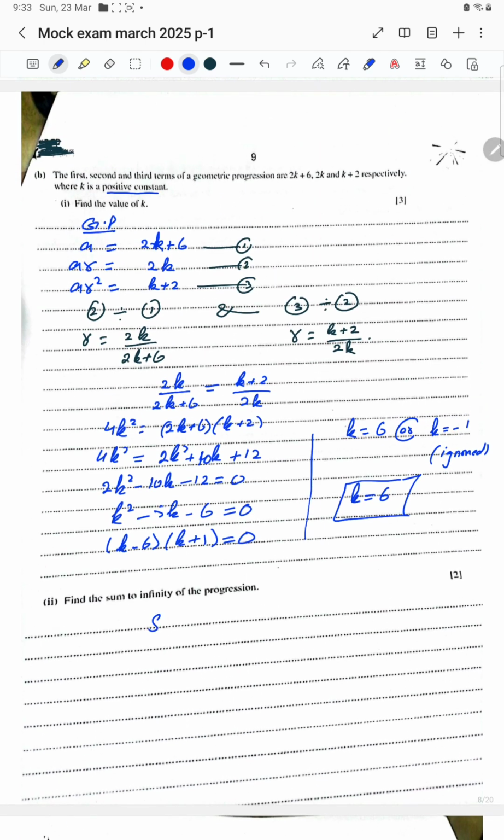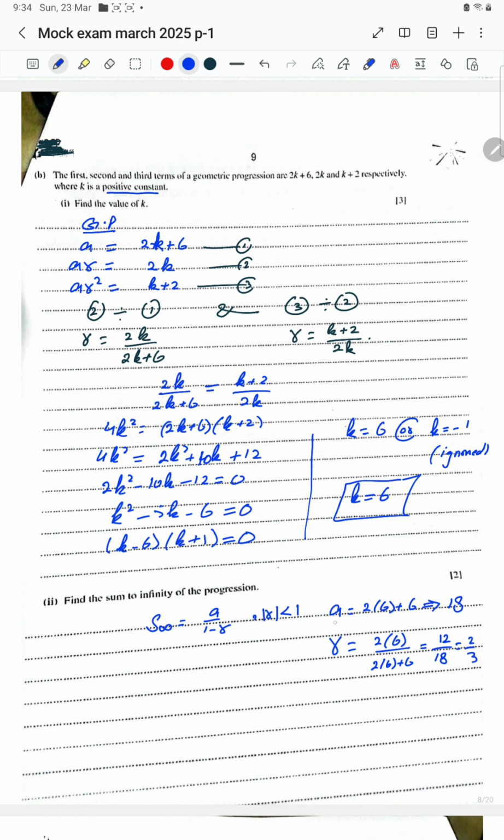Find the sum to infinity. We know the sum to infinity is a over 1 minus r. After finding k, we have the first term 2 times 6 plus 6, that will be 12 plus 6, 18, and the common ratio, 2 times 6 over 2 times 6 plus 6, 12 by 18, is 2 by 3.